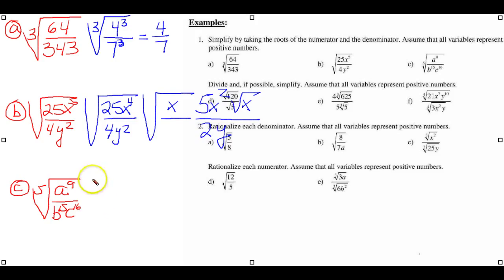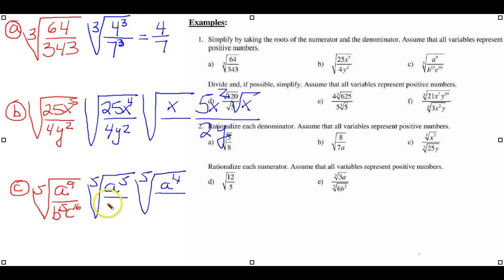Here, the same thing. We're going to divide these into 2 parts. And what I'm doing is to show you a strategy. This is going to be a to the fifth. And then what's left over is a to the fourth.